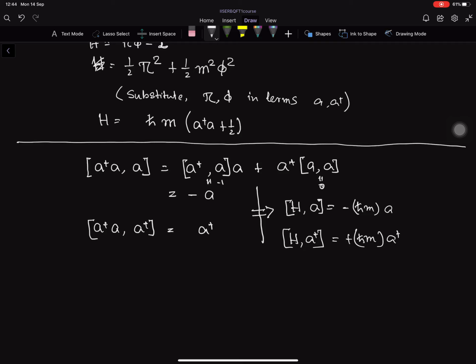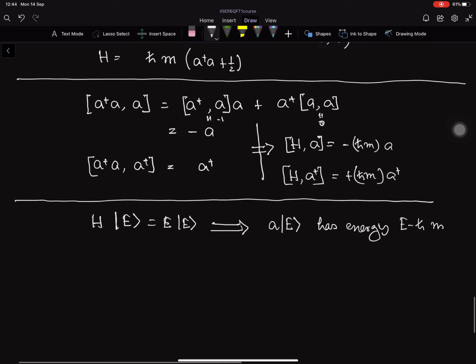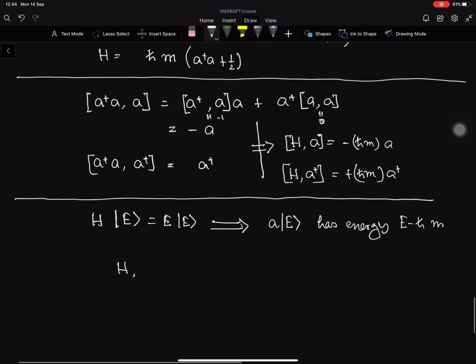Okay, this implies that, let's say we have found a state E, which is the eigenstate of the Hamiltonian with energy E. Then from the above commutation relation it follows that A acting on E has energy E minus h bar omega. How do we do that? The way we do that is simply, let's act H on this.